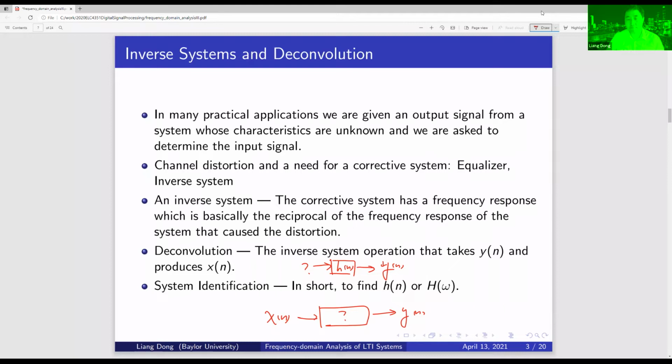Then we solve for this difference equation and find out what Hn equals. That is system identification. We can find a little Hn in the time domain, or a capital H omega in the frequency domain. Either way, we can identify the system.